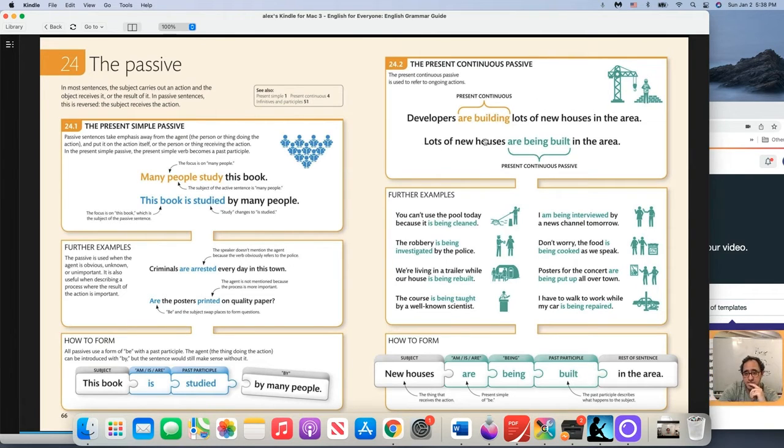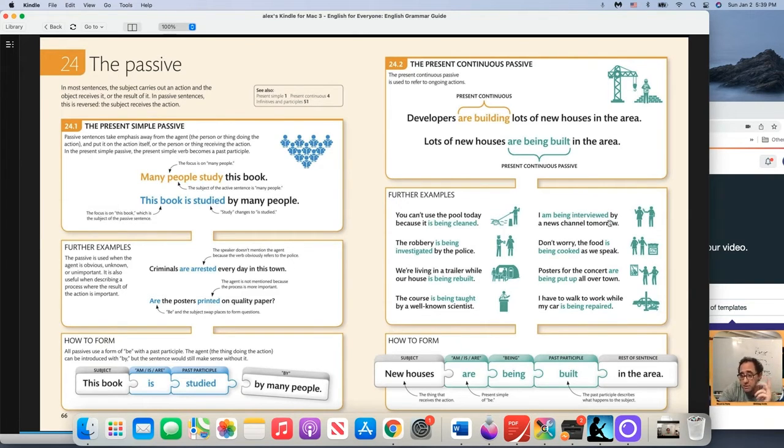So again, lots of new houses. Direct object moves into the subject. Are, why? Because I need a to be there and it's plural. Being built. Built is the past participle. I have to add being in here. You can't use the pool today because it is being cleaned. Who's cleaning it? Oh, the pool boy. By the pool boy. I am being interviewed.